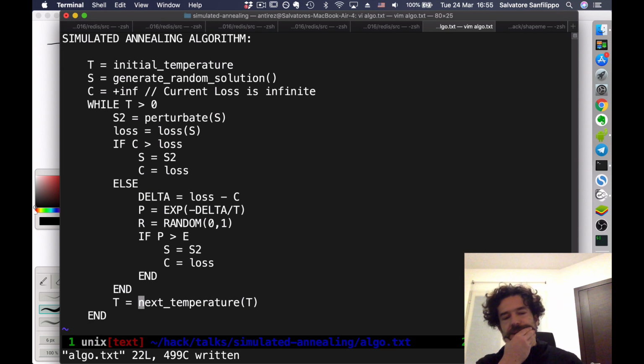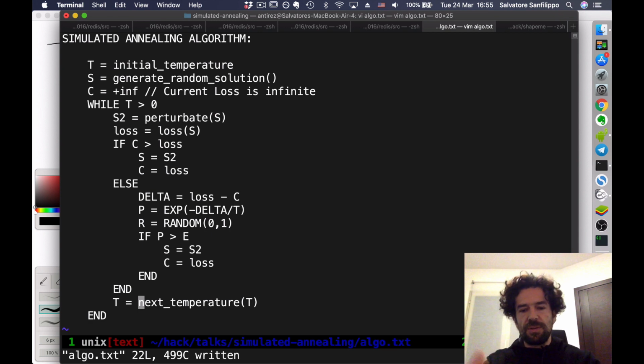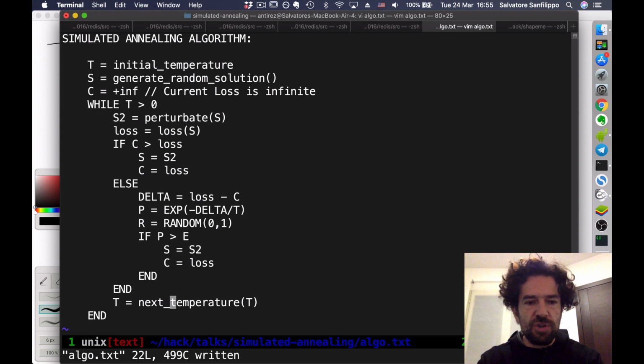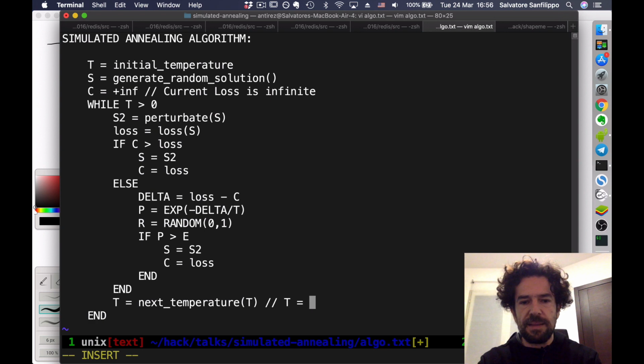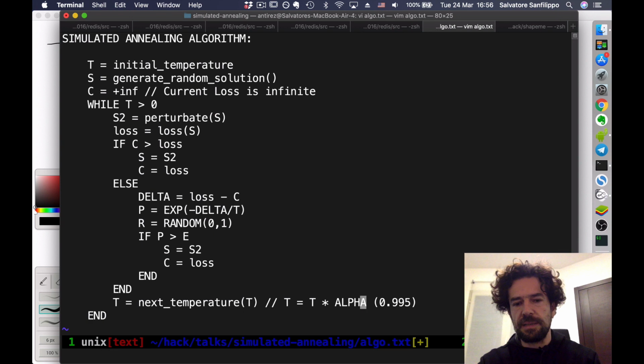How is the next temperature calculated? Here I used a function, but normally this will be like T equals T times alpha, and alpha will be, for example, 0.95. So I reduce the temperature in an exponential way.